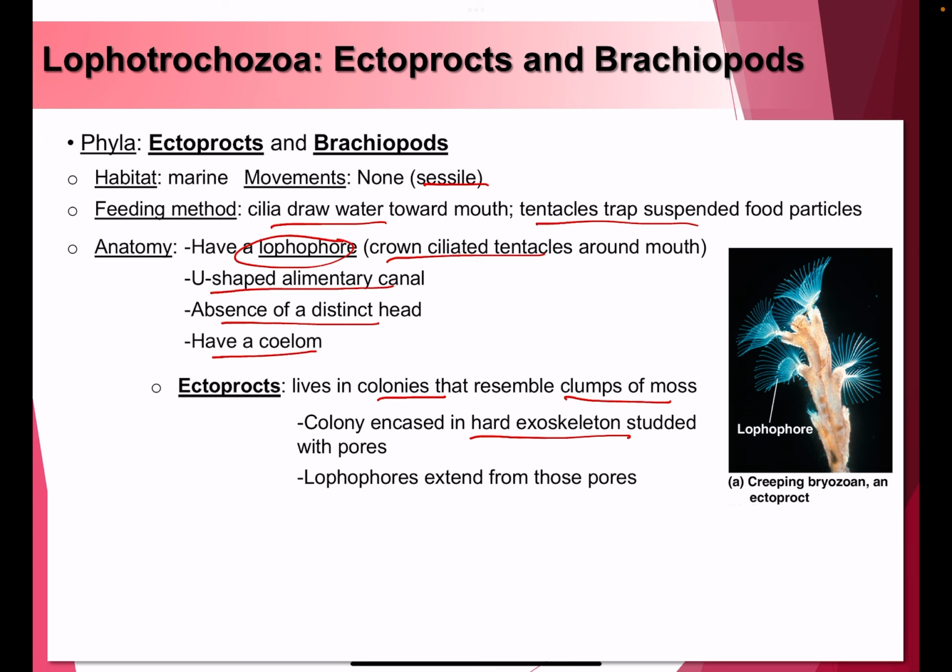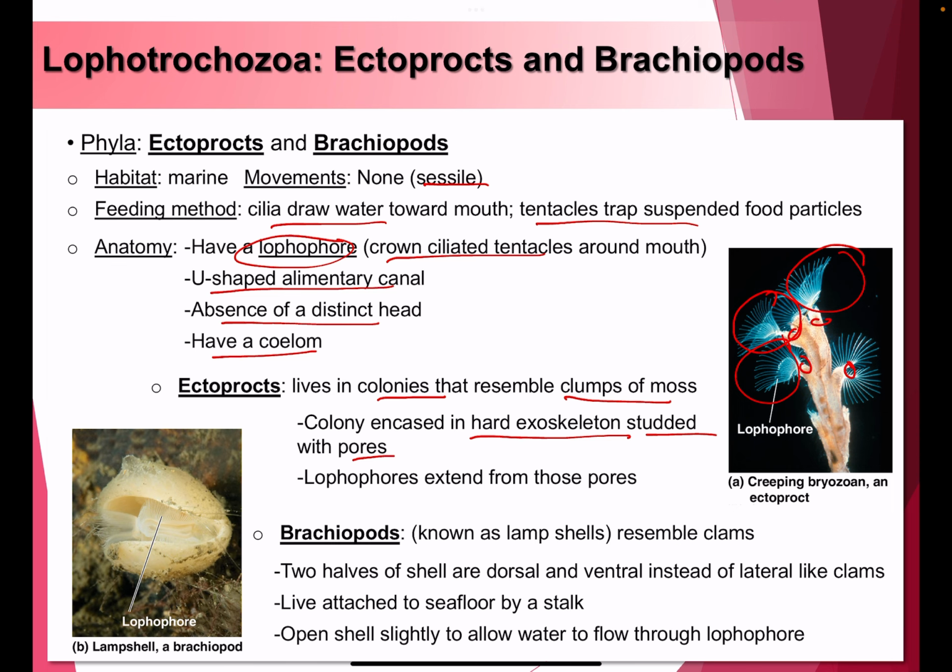Now this is something different from moss or hydras. They have this exoskeleton that is studded with pores that allows for water being drawn into its body. And here are the lophophores, all these kind of like upside down lamp shape things, or a trombone, those musical instruments. So lophophores extend from those pores that are within the exoskeleton, which allows it to eat.